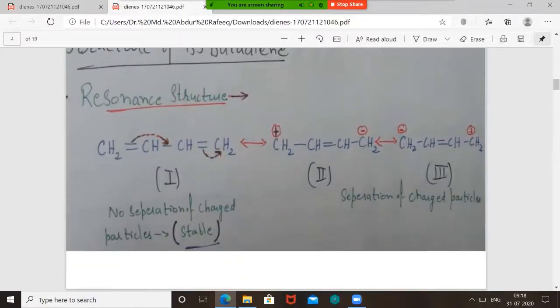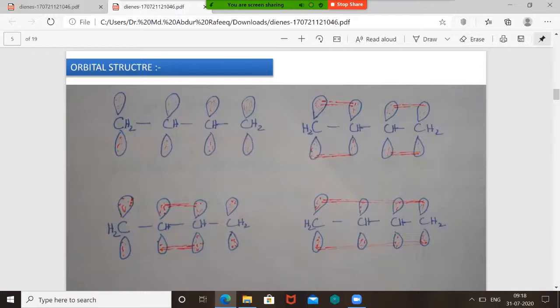Because of the separation of charges, each carbon is in sp2 hybridized state. These two overlap and these two overlap, or the center ones overlap with the vacant p orbital, shown in red.